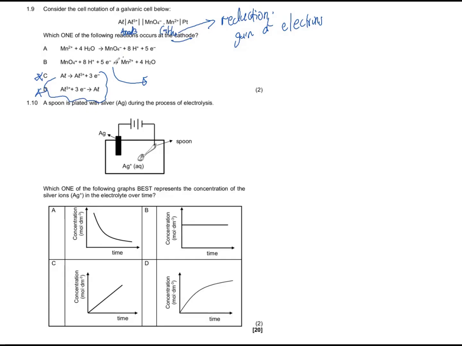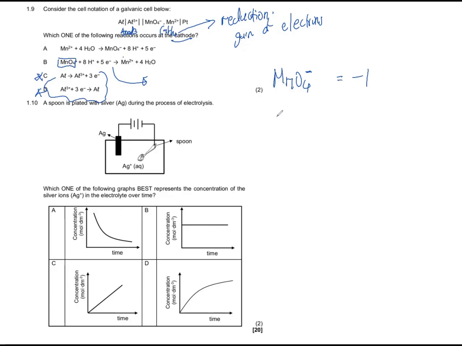So it wouldn't make sense to say that it's a gain of electrons, because as we can see, it's moving from negative to positive 2. But note that this negative here is actually for the whole thing, right? It is not the oxidation number of the manganese ion. So what we'd actually have to do here is to calculate the oxidation number of this one by simply saying MnO4 minus, then the whole oxidation number of this is -1.